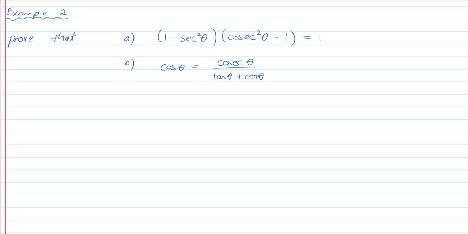So the first one, A, is prove that, and it's got a sec and a cosec. Now, this is a long way from being definitively true, but I often look at that and think instantly, how on earth am I going to remove the sec and cosec? Because I want to head towards my basic trig functions, tan, sine and cos.